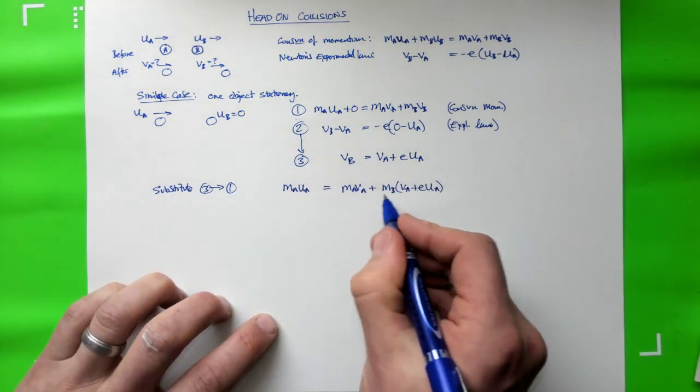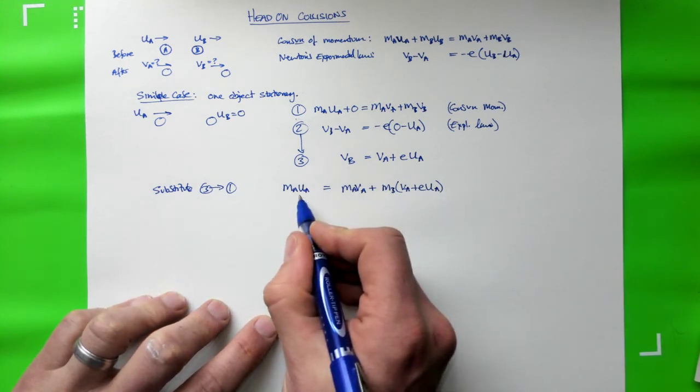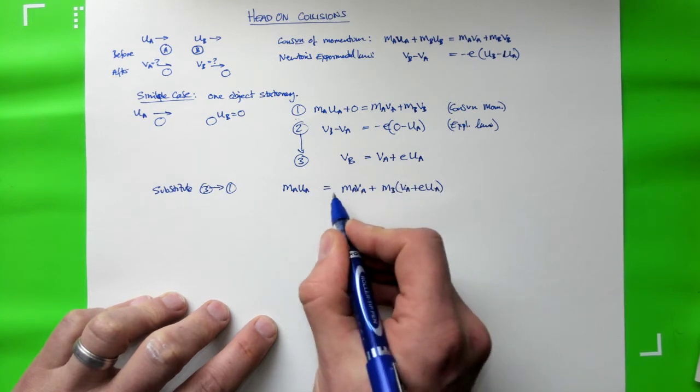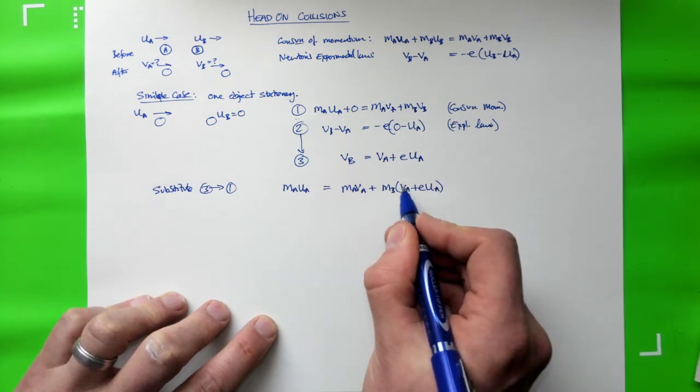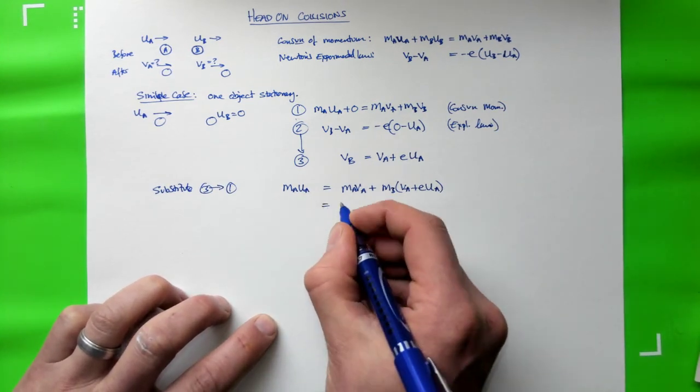Now let's multiply out this bracket, because what's the unknown we'd like to solve for in this equation? The unknown we'd like to solve for is the velocity afterwards, vA. We see it appears twice. So if we can multiply out these terms and then collect all the vA terms on one side, we can solve for vA, and that will be our answer. So let's go ahead and do that.